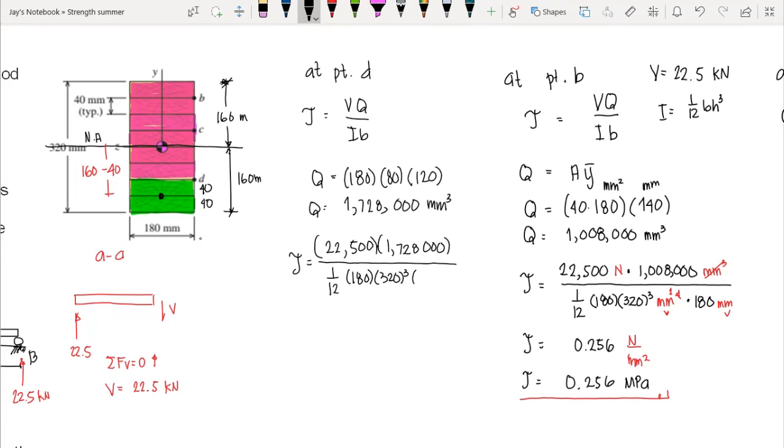Then the base of our shear area, that is 180. And the shear stress gives us 0.439 megapascal. Therefore, this is the shear stress at point D.